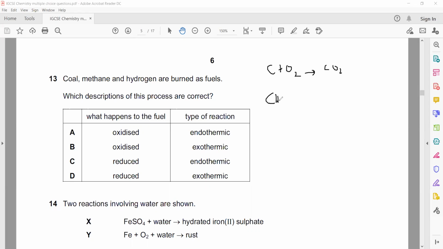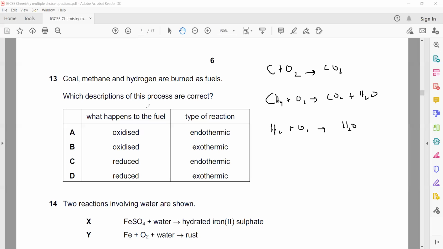Methane reacts with oxygen to give carbon dioxide plus water. And hydrogen reacts with oxygen, so it will form water. That happens in a fuel cell.